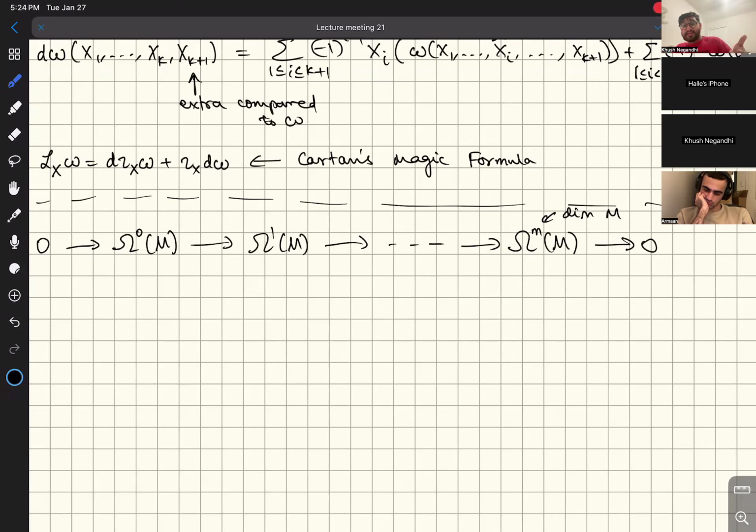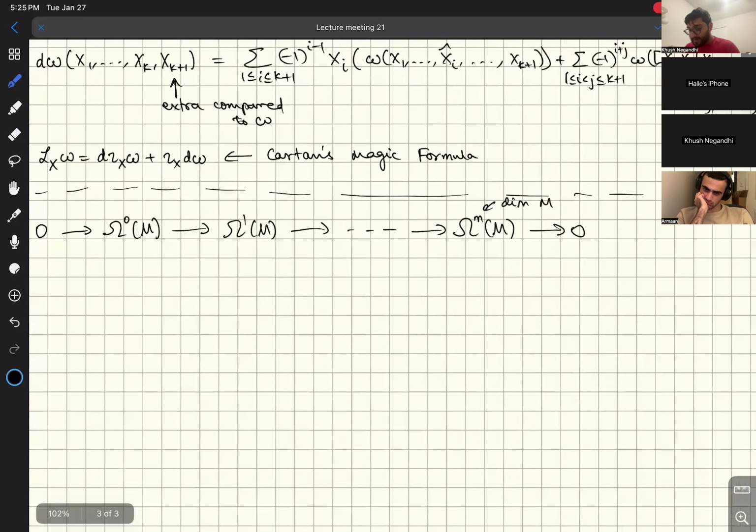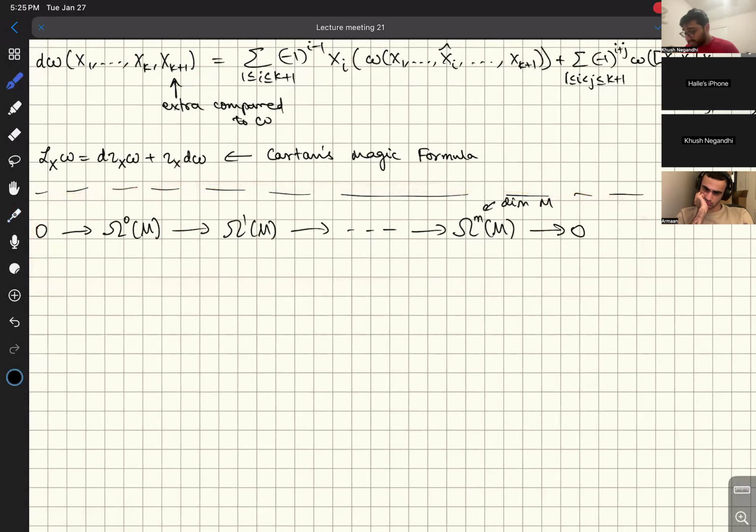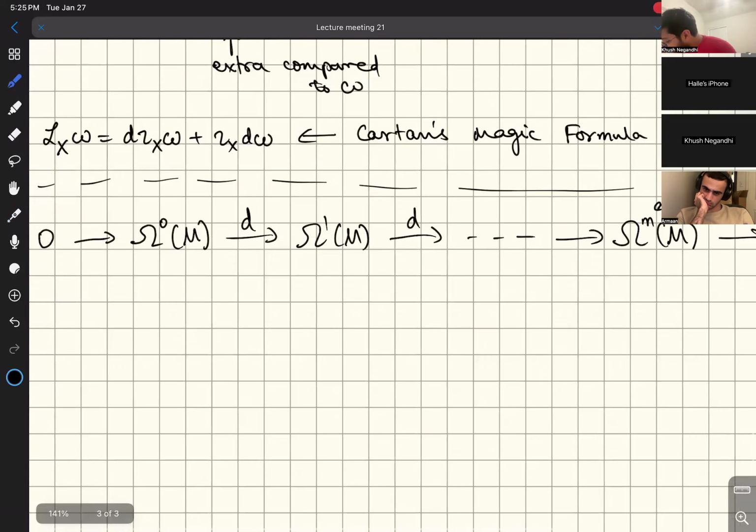Since this is alternating, if I take the wedge product, I can move things around so that the repeated ones are sitting next to each other. If I swap two adjacent things, I pick up a minus sign. But since this thing equals what I had before, it must be zero. Okay? So any m plus one form must be zero. And so you get this finite list of spaces, all connected by the exterior derivative.